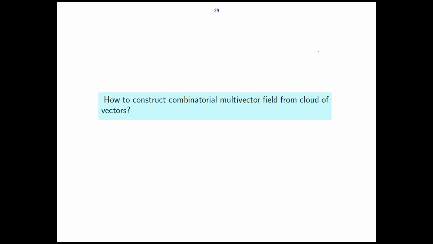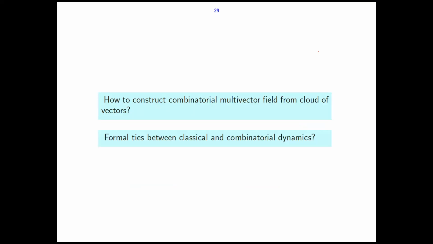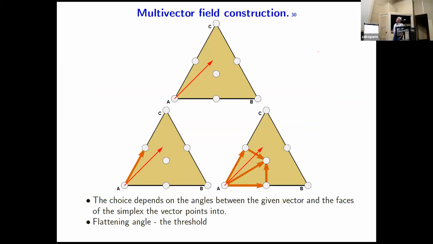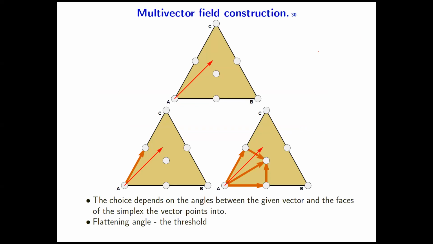There is a question how to construct a combinatorial multivector field from a cloud of vectors. And also, are there any formal ties between the combinatorial topological dynamics and classical topological dynamics? So the answer to the first question very briefly is that, so this thin arrow, I assume that I have a cloud of vectors, as I've already shown, and I want to construct also a combinatorial multivector field.